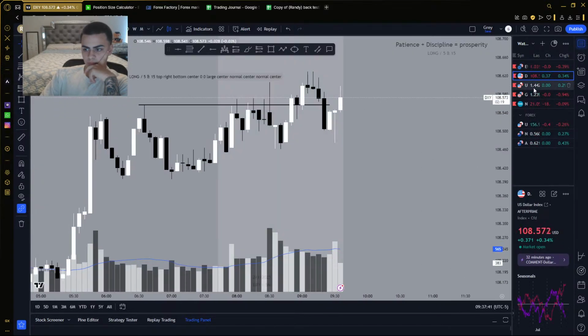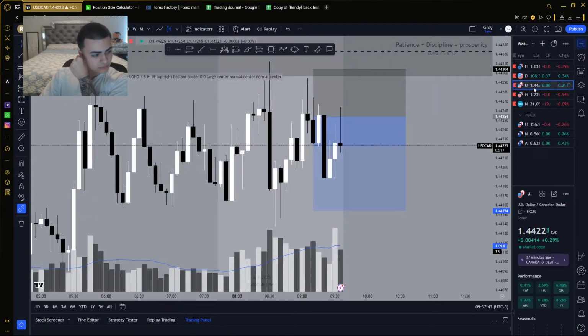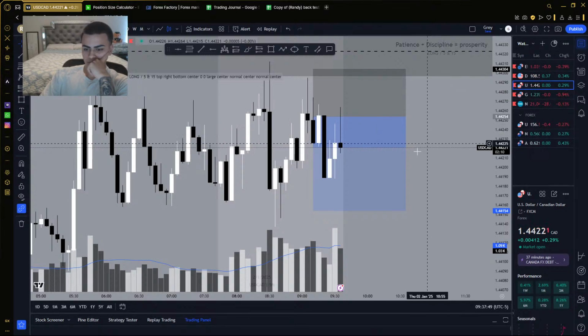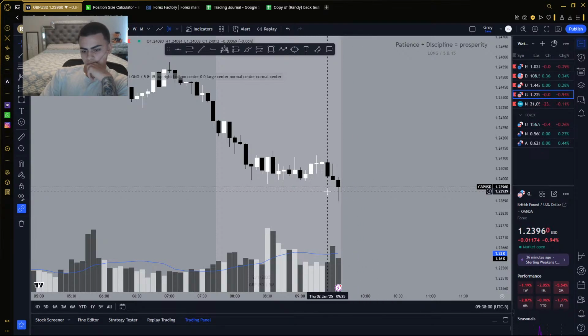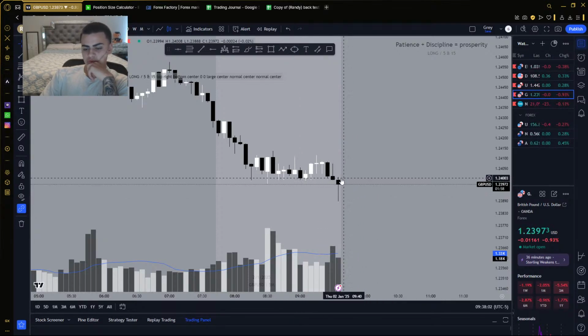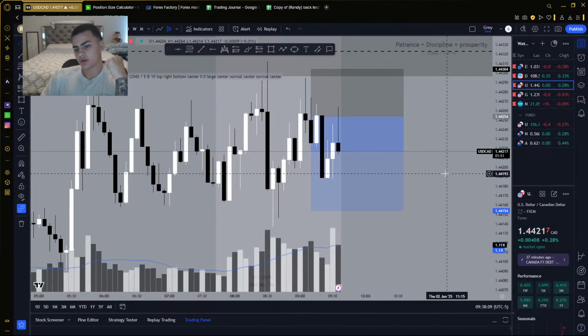A re-break there. GBP. That's interesting. So it went all the way down here, but it looks like it's pushing back up. But the candle hasn't closed yet, so we really don't know.